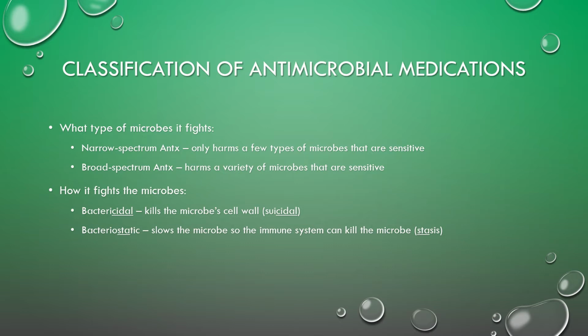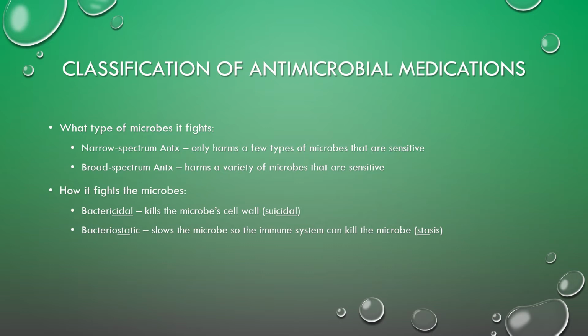When fighting the microbes, it has either a bactericidal or bacteriostatic effect. Bactericidal kills the microbe cell wall, so like suicidal. So it invades and kills the cell wall, making the cell then die on its own. Whereas the bacteriostatic slows the microbe so that the immune system can kill the microbe more effectively.